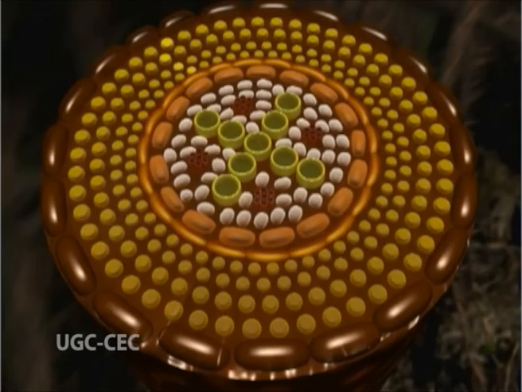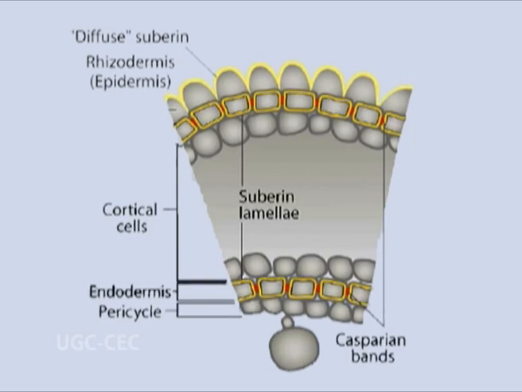It is characterized by the presence of Casparian strips, which extend completely around the cell within the radial and transverse walls. The Casparian strip is composed of lignin or suberin or both.